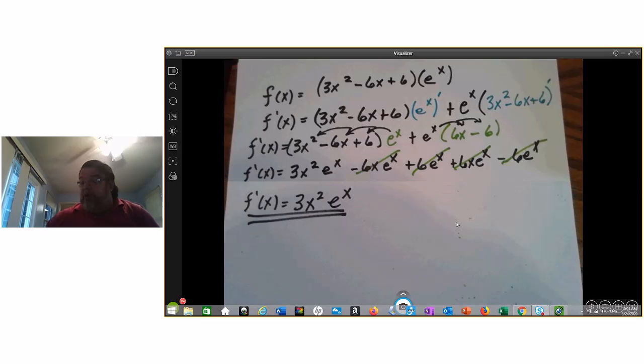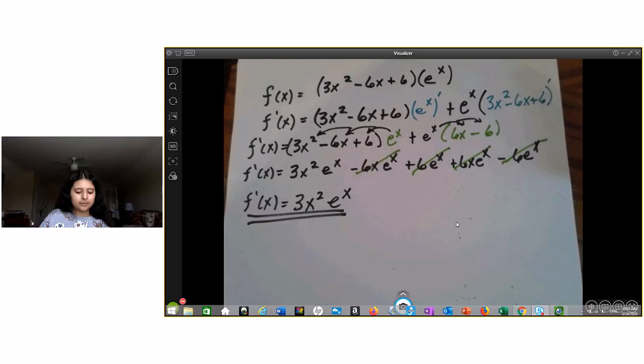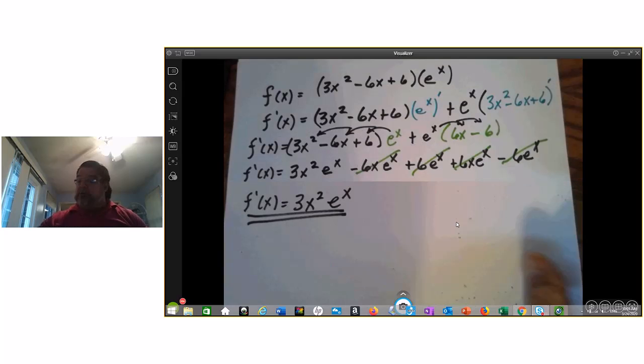Okay, well, let me know when it gets to 3x squared e to the x. That's where it's at. And you underlined the bottom. Is that all of it? Yeah, that's it. All right, so now let me move that one out of the way.